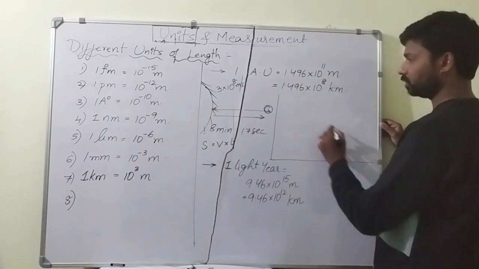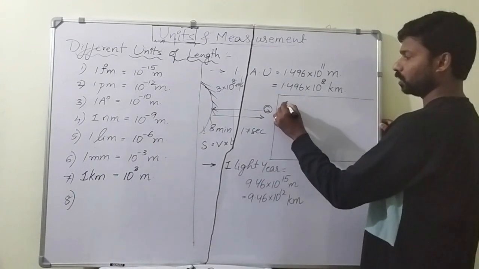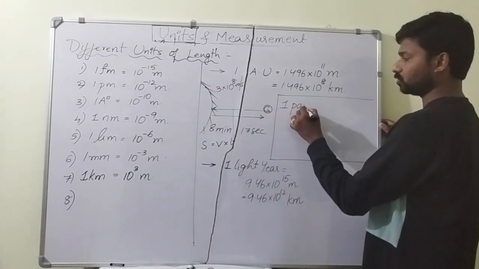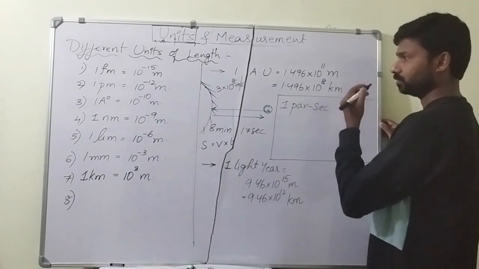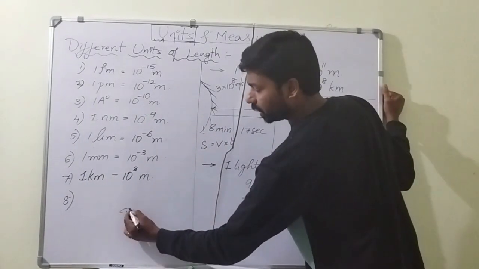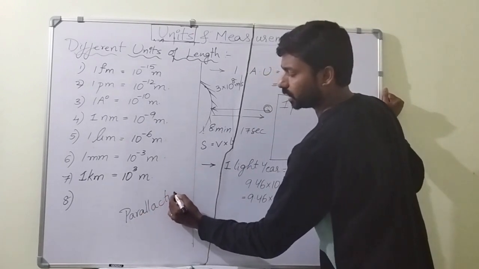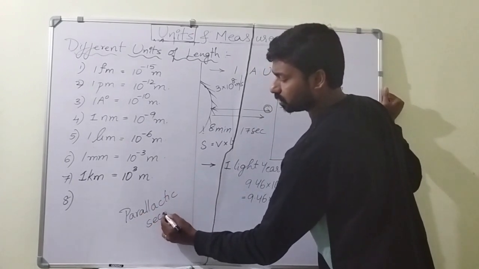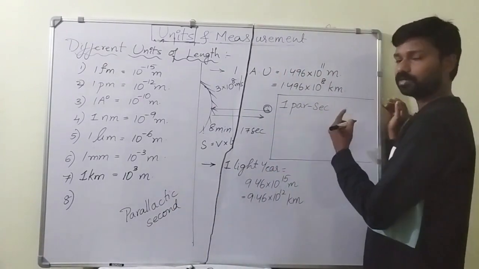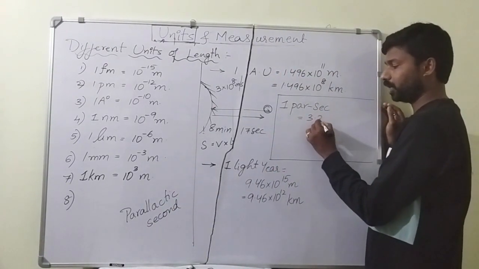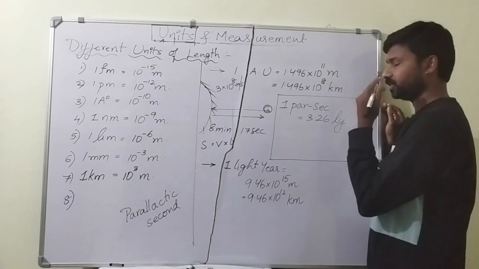Then next one, last I'm writing it here, there is one more unit, that is 1 parallactic second. It is also called parsec. Its value is equal to 3.26 times of light year.